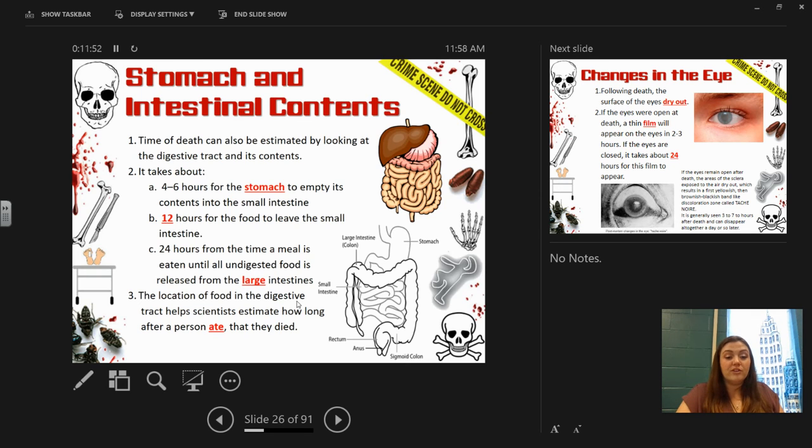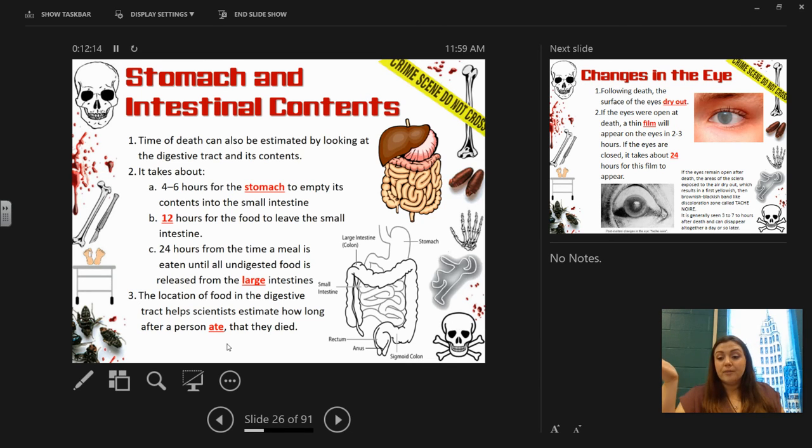So the location of food in the digestive tract helps us know how long the person has been dead if we know when they ate their food. So if we have a husband who was at home, he ate dinner at 6:30. His wife said he left to go pick up something from the store at 7. He doesn't make it back. They find his body later. So he's been murdered.